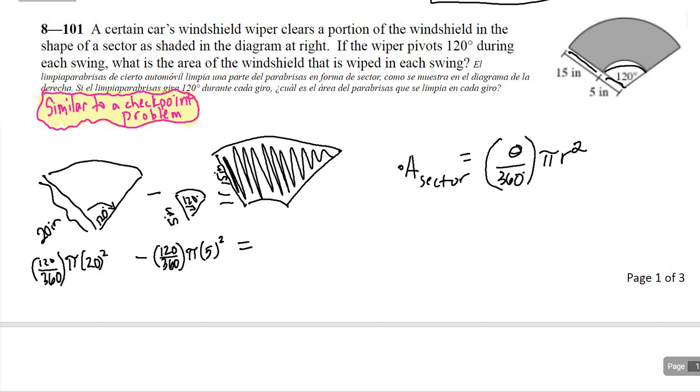And if you put this in your calculator, piece by piece, the first term, you should get 418.6 repeating, and for this next term, you should get 26.1 with the 6 repeating, which gives, again, using your calculator, about 392.7. I'm just going to keep it as 392.7 because I'm rounding, inches squared.